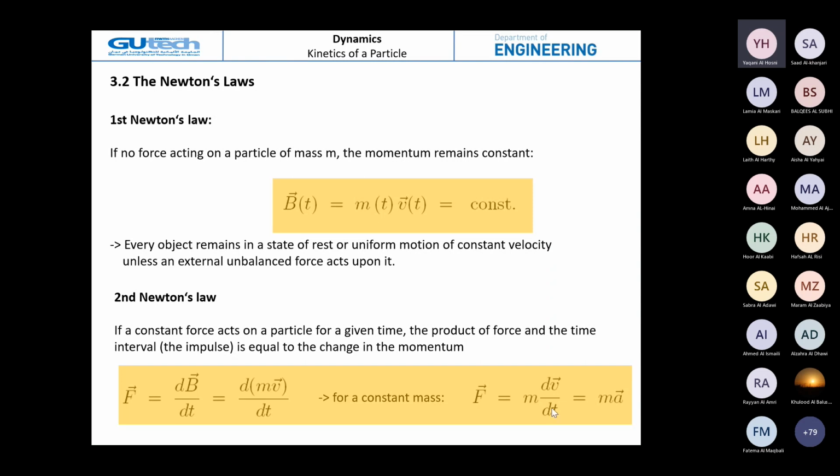And we have seen that it's v dot, the acceleration. Then we have the force equal to the mass multiplied by the acceleration. This is the second Newton law.